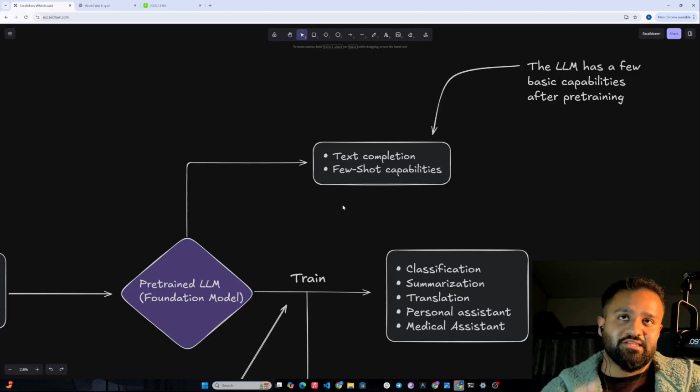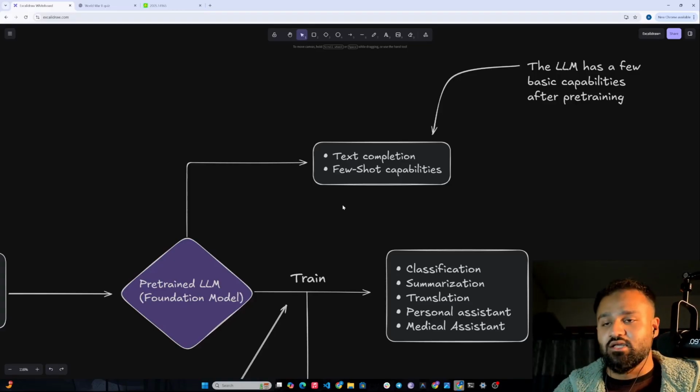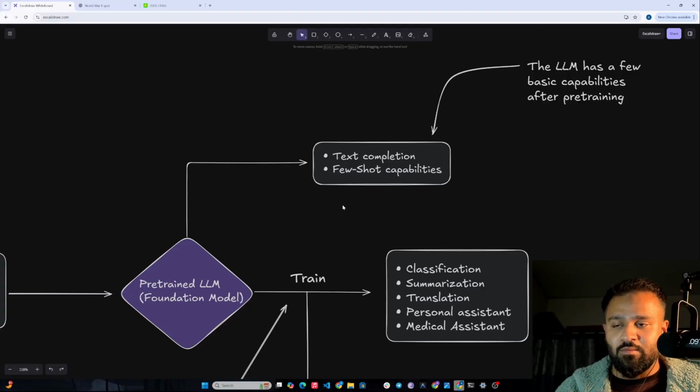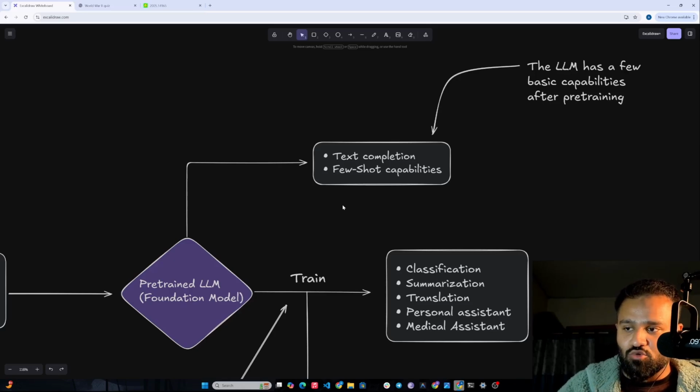And there is another thing, that it has few-shot capabilities. As you all remember, in the early stages of ChatGPT, in 2022 when ChatGPT was introduced, in the initial phase we had to give some examples to ChatGPT to generate what we wanted.